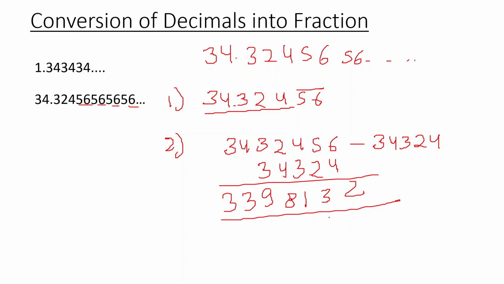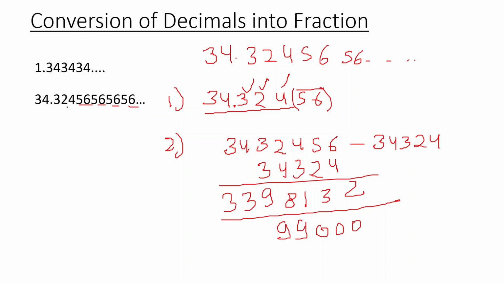Now the denominator part will have 9s and zeros. The 9s will be decided by the number of digits under this bar, the number of digits that are repeating. That is 2, so there will be two 9s. And the number of zeros will be the number of digits after the decimal that are non-repeating. How many digits? 1, 2, 3. Three digits are non-repeating, so there will be three zeros.